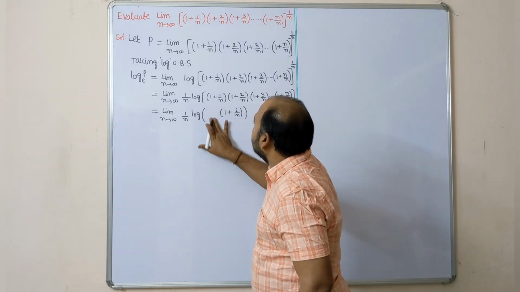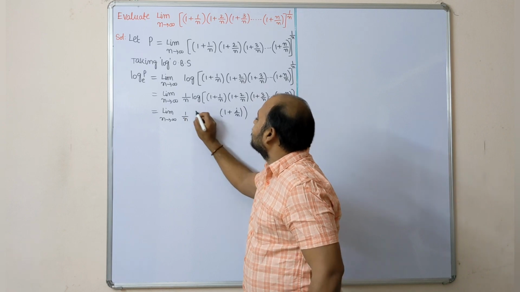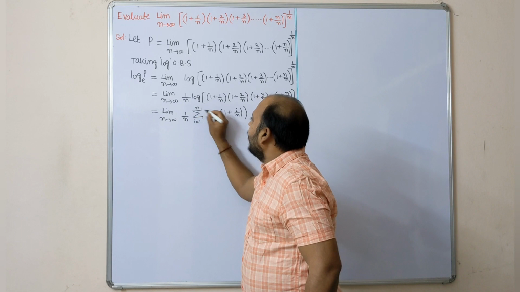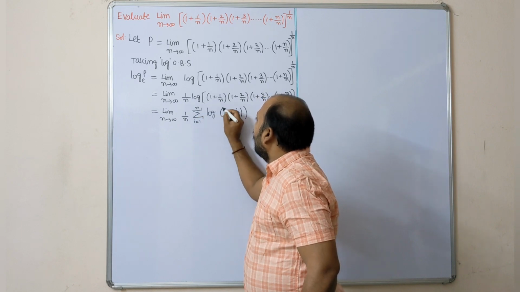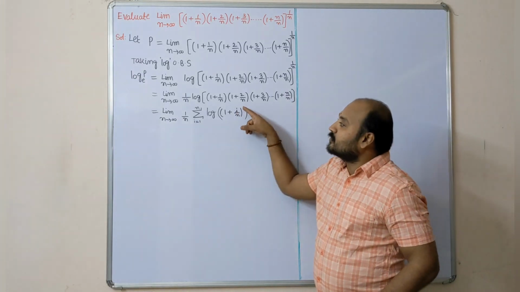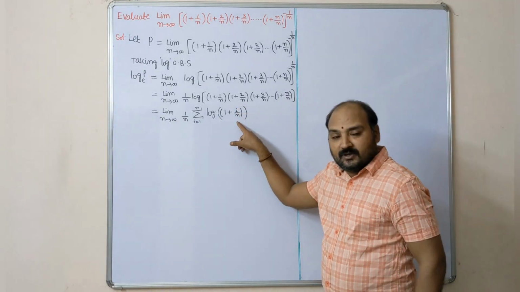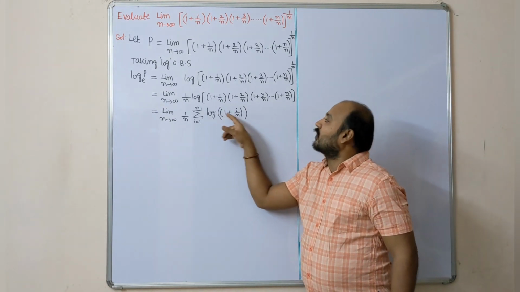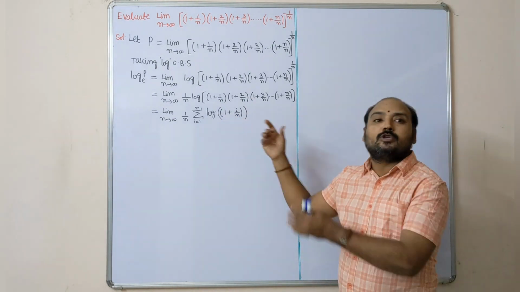Sorry, dear students, first sigma here, i is equal to 1 to n of log of this. i is equal to 1, substitute, log of 1 plus 1 by n. Next plus i is equal to 2, log of 1 plus 2 by n, and so on.